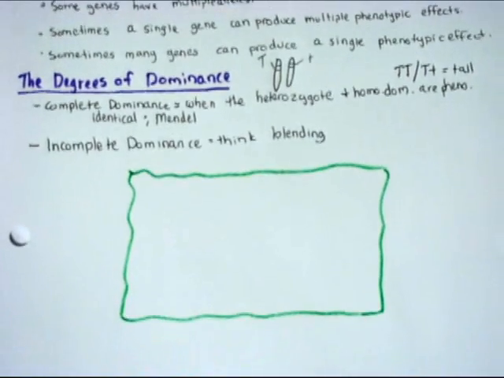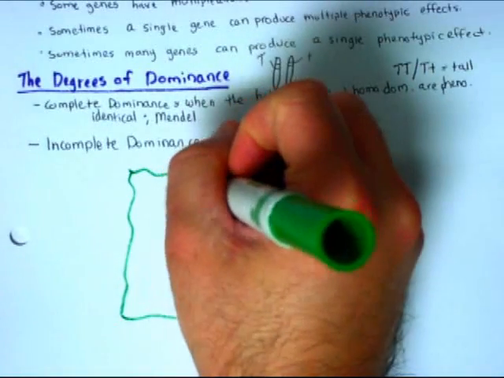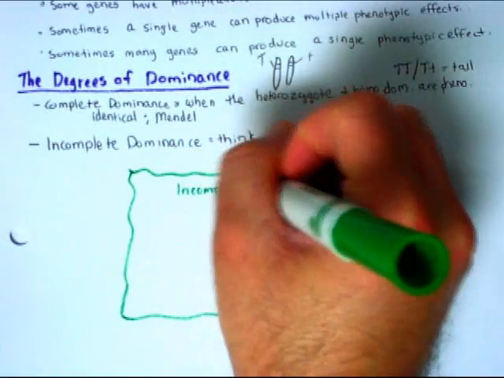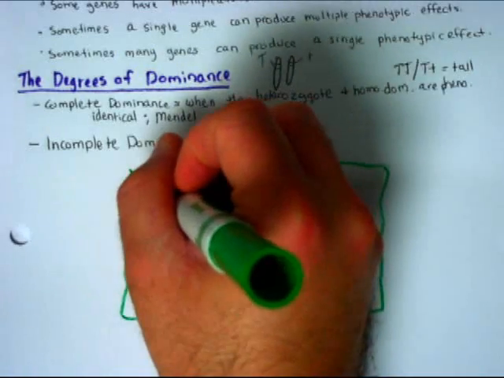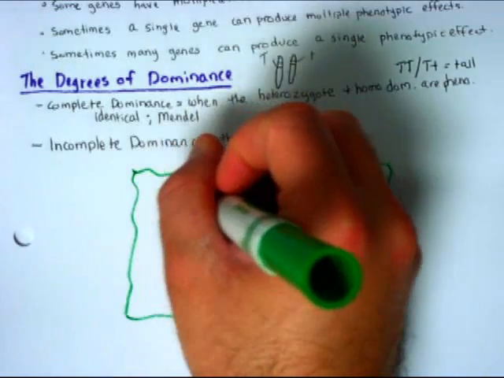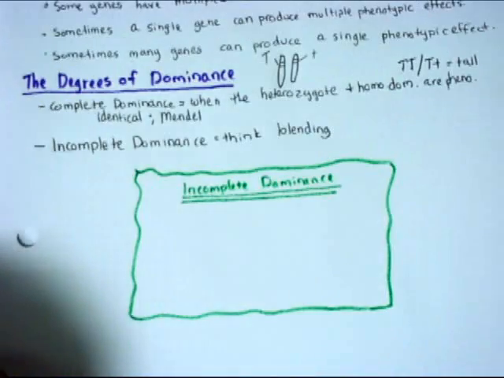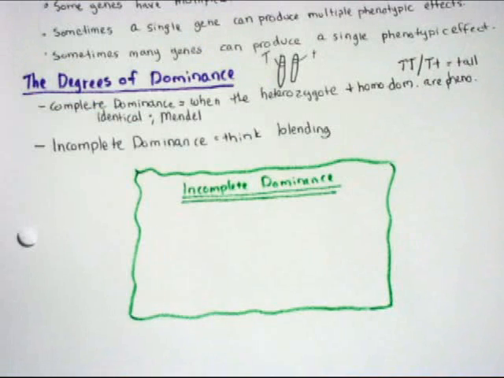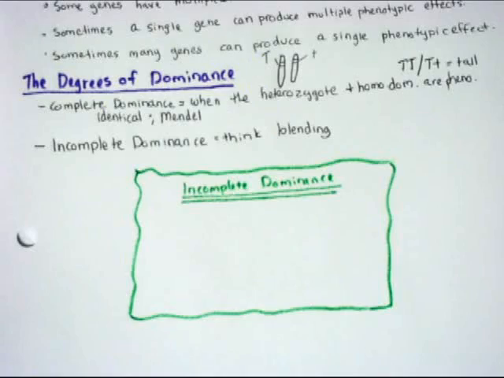Okay, so I'll talk about a system that is incompletely dominant. On the test or on the AP exam, your problem will always state if the allele is in a system that is incompletely dominant or completely dominant, or codominant or whatever it might be. So you always have to pay close attention, but this is how you would do an incomplete dominance problem.